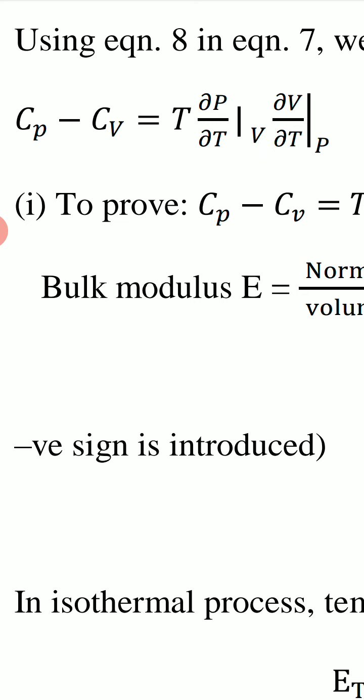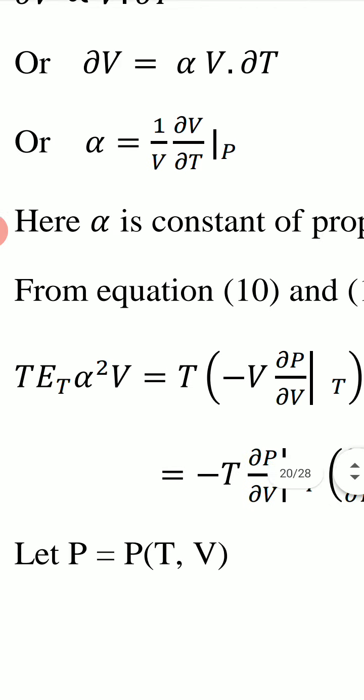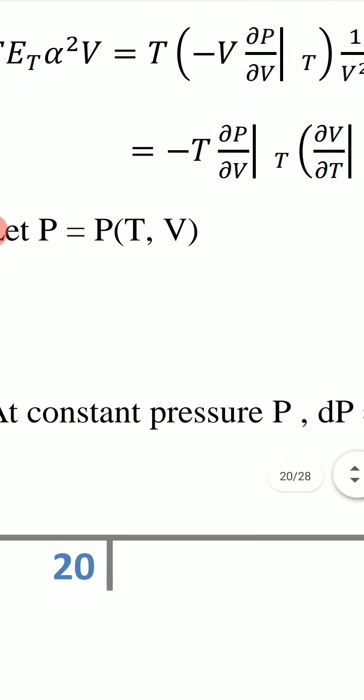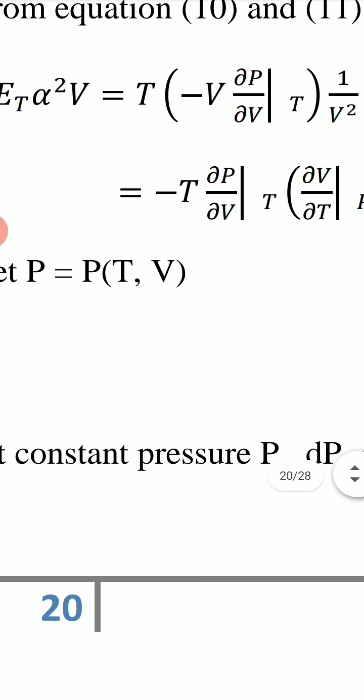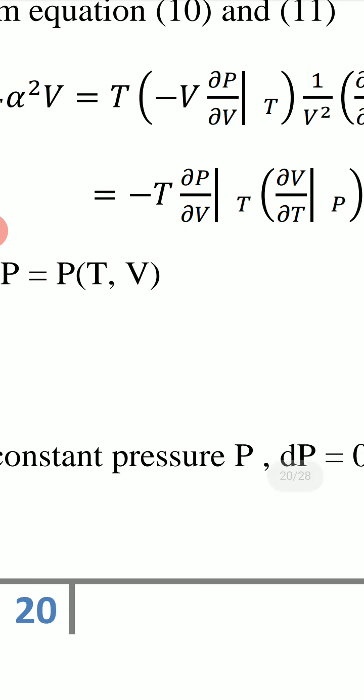Here we have two partial differentiations. One is delta P upon delta T, the other is delta V upon delta T. And here we have delta P upon delta V and delta V upon delta T. So delta V upon delta T is already there.